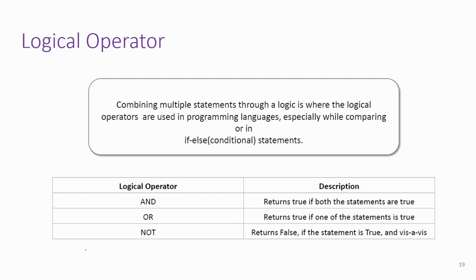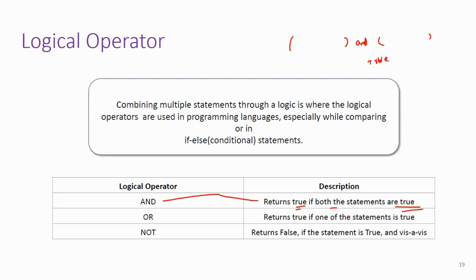For example, the and operator returns true if both the statements are true. Assume you have two statements, one here, one here. If both these statements are true, this will output true. Otherwise, it will output false.